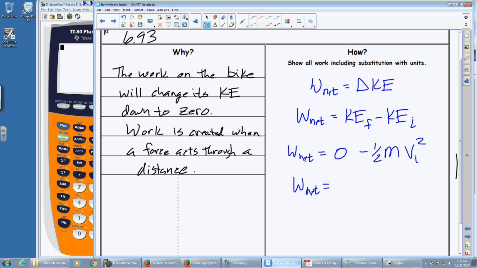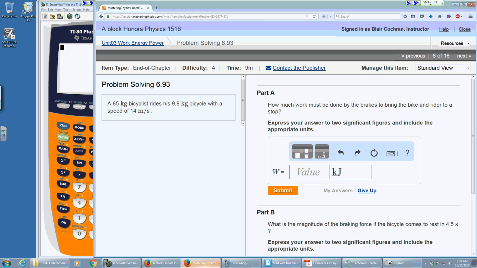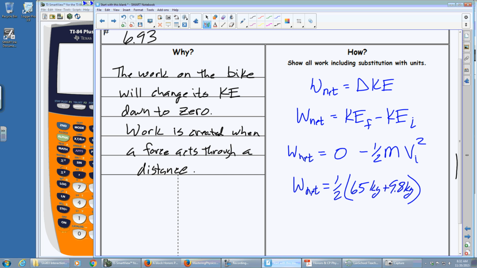So 1/2, my inertia is going to be 65 kilograms plus 9.8 kilograms. And my speed was 14 meters per second, and that's squared.